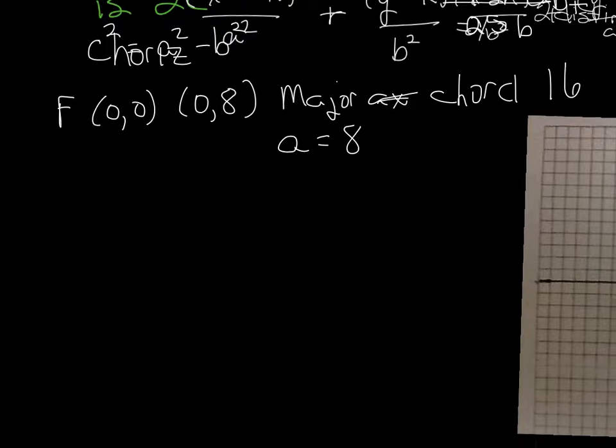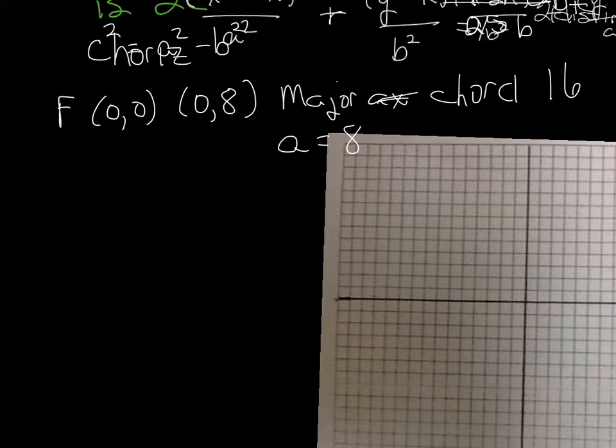So if I pull my graph back in, that's a focus. 1, 2, 3, 4, 5, 6, 7. And there's another one. Is this going to have a vertical axis or a horizontal axis? This one has a vertical axis, so A squared is going to go under the y. Now we have to figure out what the center is.